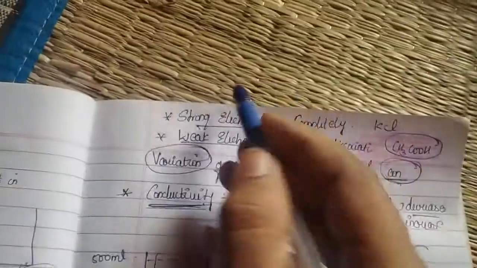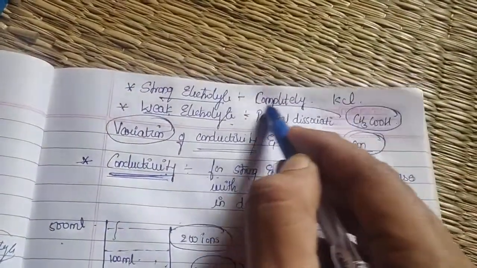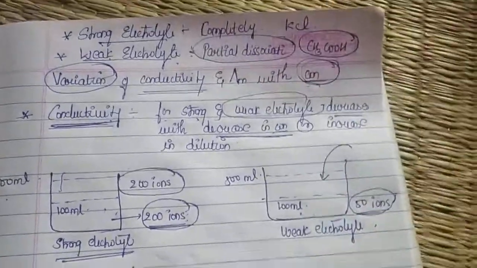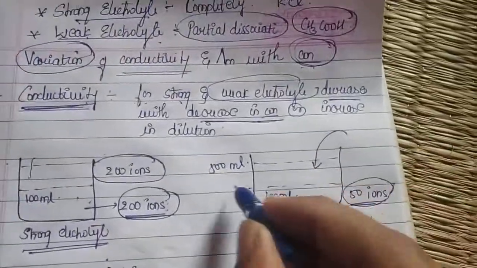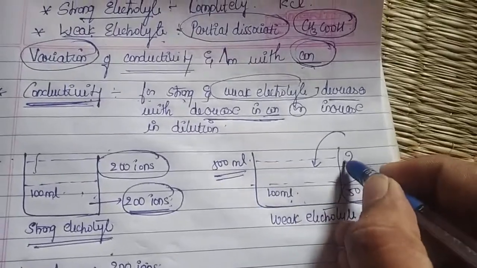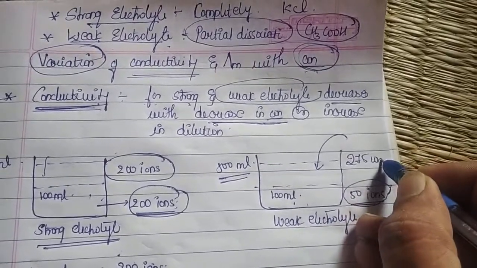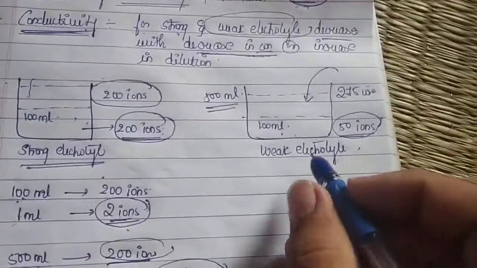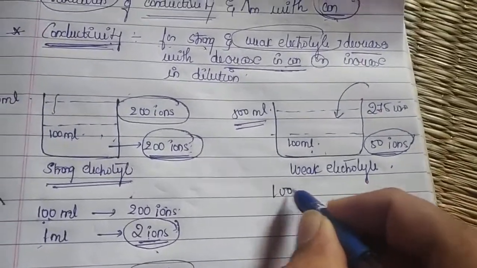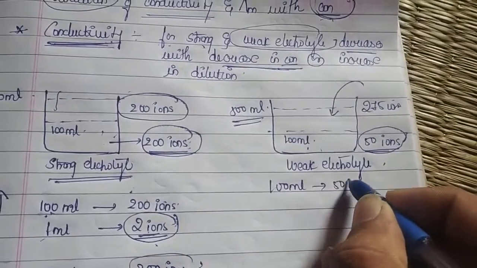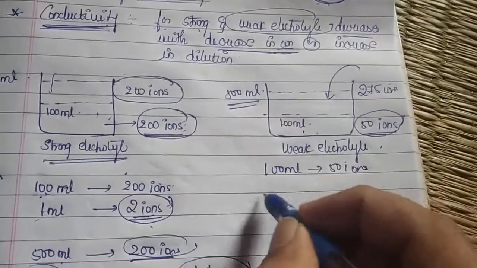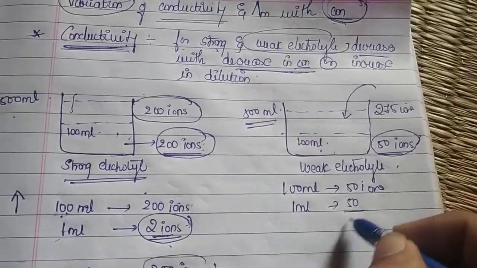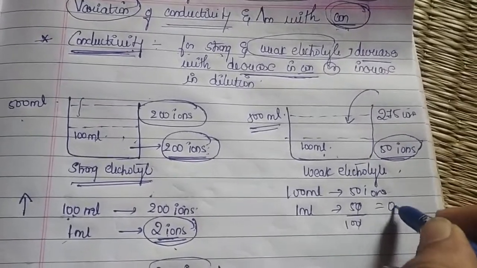Why is it so? Because weak electrolytes means which has undergone only partial dissociation. So you can still dissolve it more; when you add a little amount of water, it dissociates further. So in 500 ml, let us consider that we got 275 ions, roughly. Now let me do my calculation. In 100 ml I got 50 ions, so in 1 ml, 50 by 100, that is 0.5 ions.